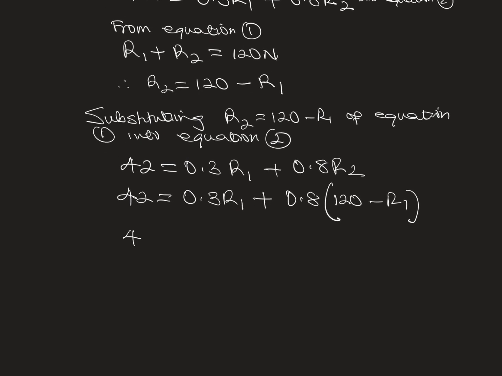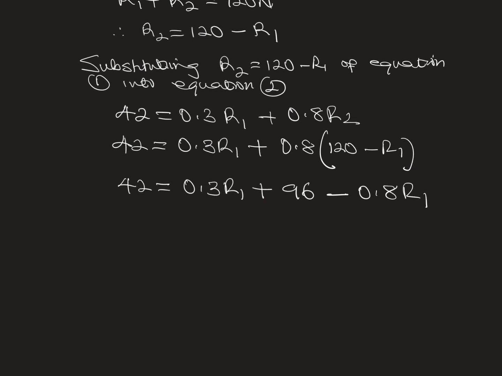So 42 is equal to 0.3 R1 plus 0.8 multiplied by 120 is 96. 0.8 multiplied by negative R1, you'll have negative 0.8 R1.